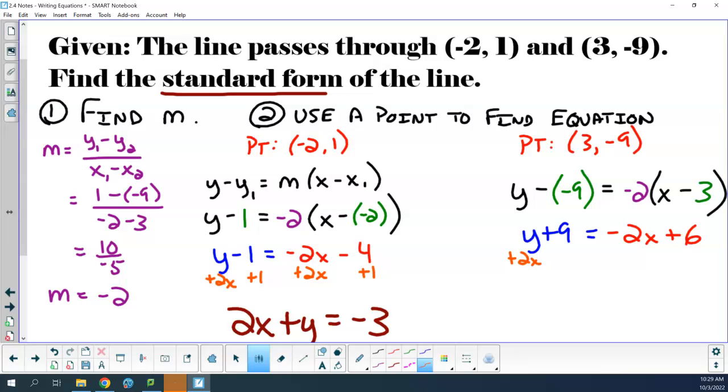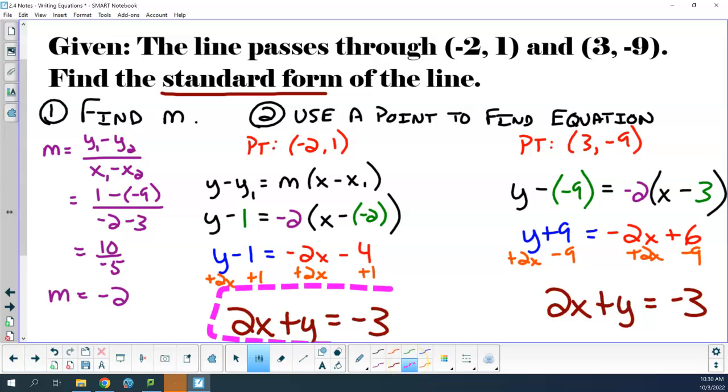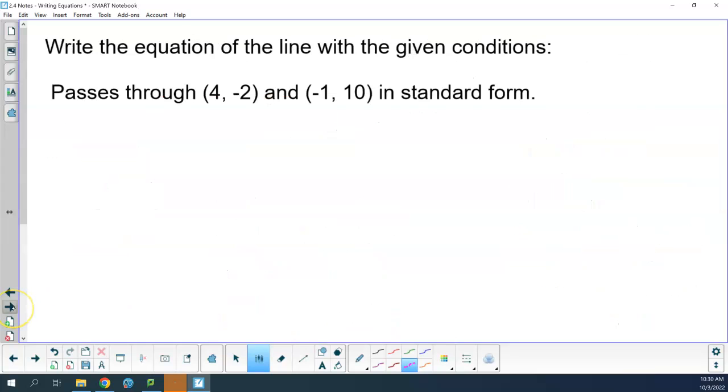Add 2x, minus 9, gives me 2x plus y equals -3. So it doesn't matter which point I use, but I've got to use one. Find the slope, use the point. Okay? Questions on that? Try that.